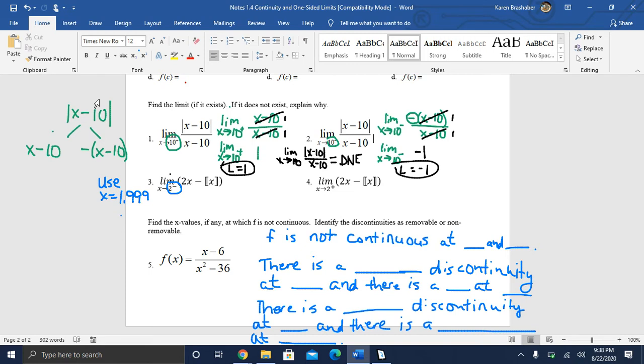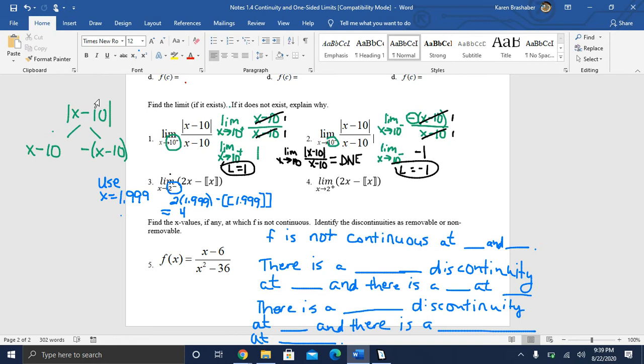And so substituting in 2 times 1.999 minus the greatest integer function of 1.999. Well, 2 times 1.999 is essentially going to be 4. It isn't quite 4. It approximates to 4.